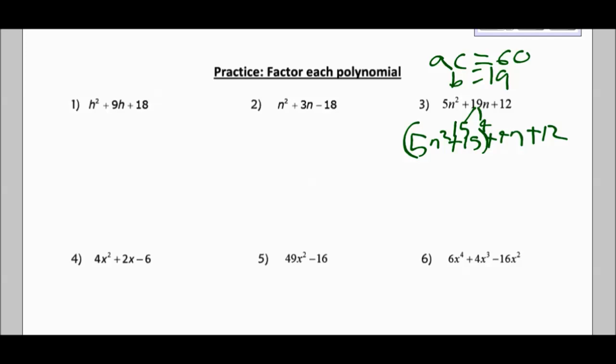So take out the 5n, and then everything, and then you're left with n plus 3. Oh, I got it. Don't worry. Oh, I got you. Yeah. And then you do that on the other side.